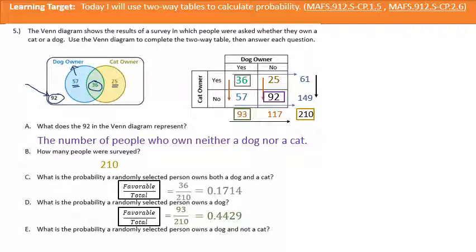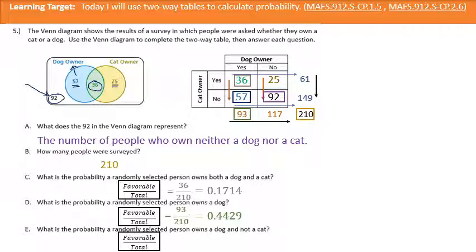One more. We can do this. What is the probability that a randomly selected person owns a dog and not a cat? So they're going to say yes to a dog and no to a cat. Find that in the chart. Yes to a dog, no to a cat: 57.